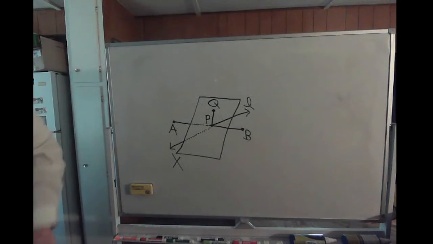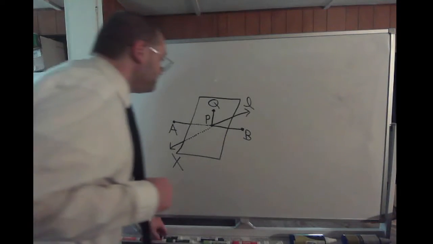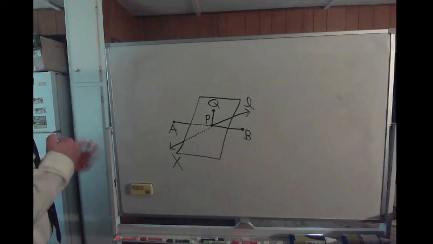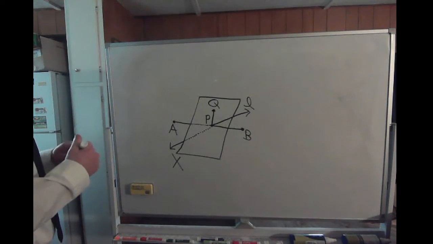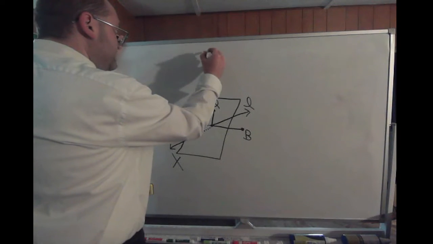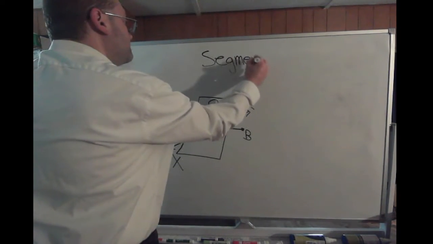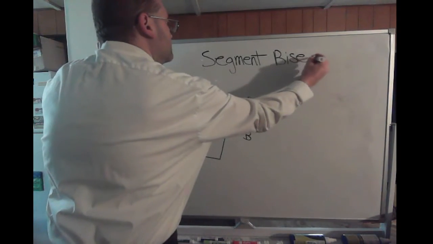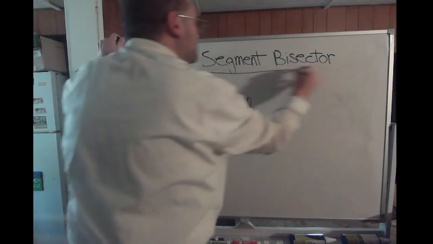Well, what we can say here, we have a couple segment bisectors. So we're going to talk about what segment bisectors are. Segment bisector, we'll just say that so you know what the term is.